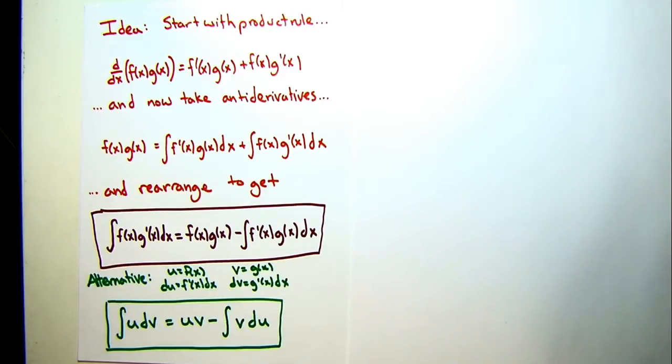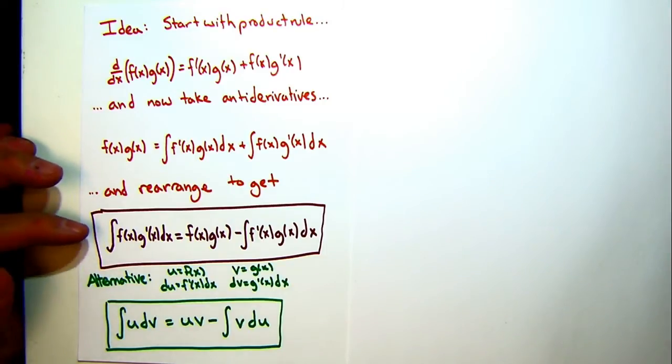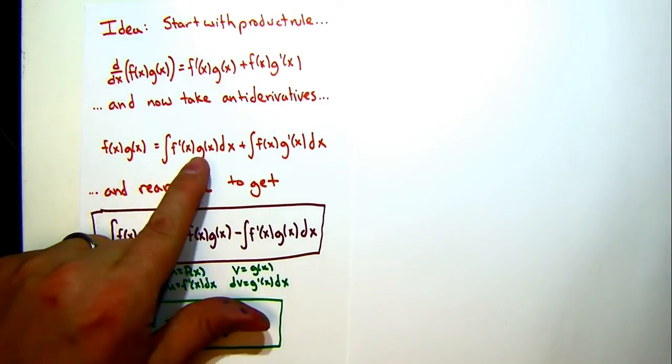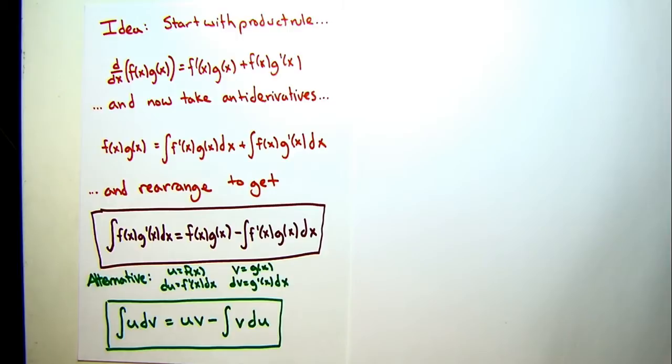And on the other side, we have the antiderivatives of the functions. Antiderivative of f prime times g plus the antiderivative of f times g prime. Well, rearranging, we get the following. And this is the product rule, becoming integration by parts. The integral of f of x times g prime of x dx is f of x times g of x minus the integral of f prime of x times g of x dx. So in particular, what did we do? We moved that to the other side.